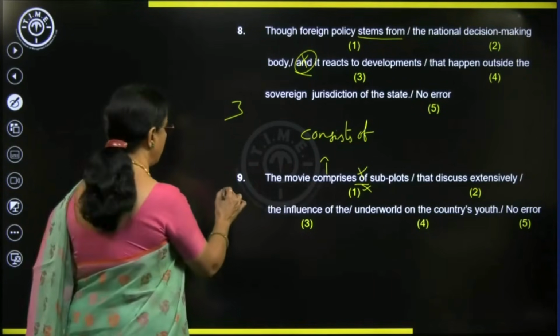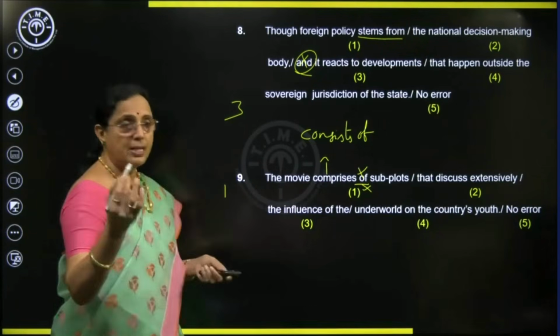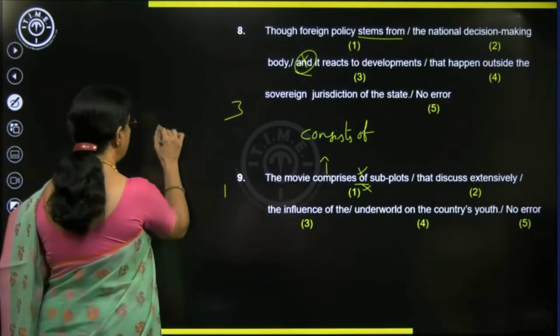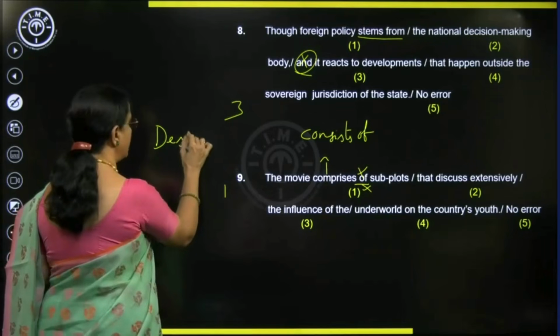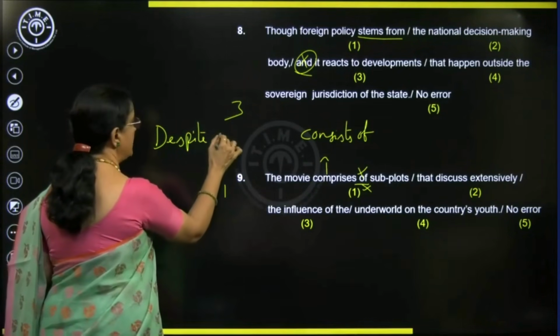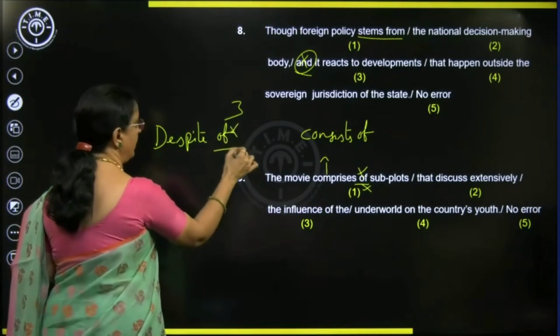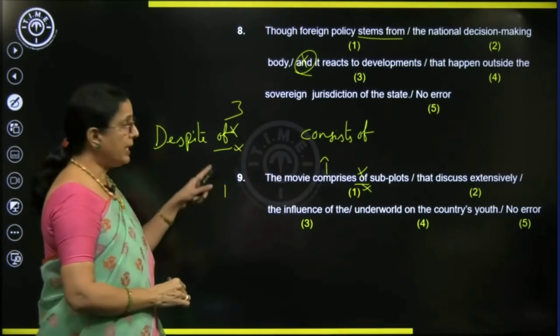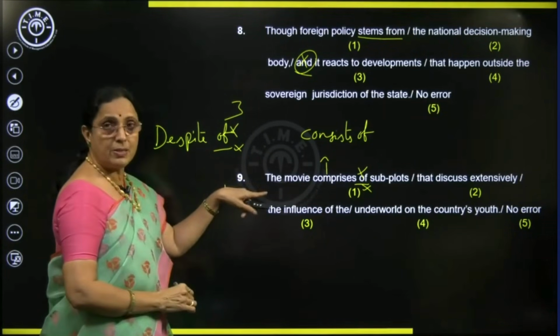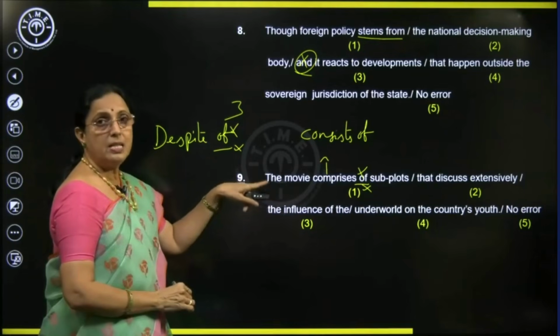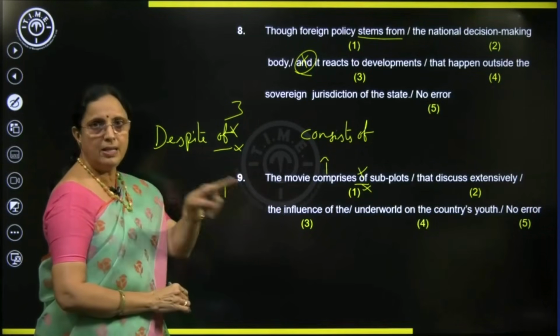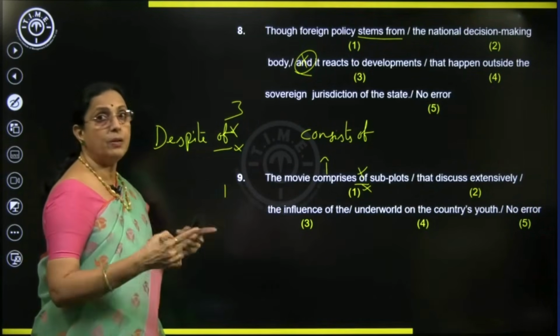So, answer is 1. And more examples, just like comprises of, despite of is also a common error. Despite of, never. Despite of is wrong. Despite his request, his boss did not sanction the leave. Understood? Not despite of his request.